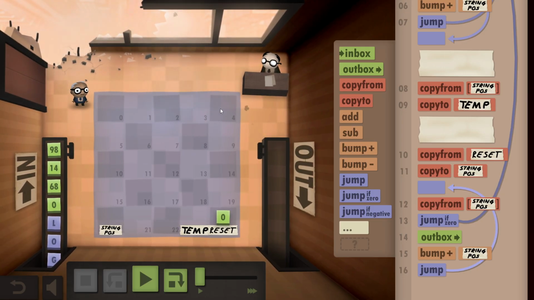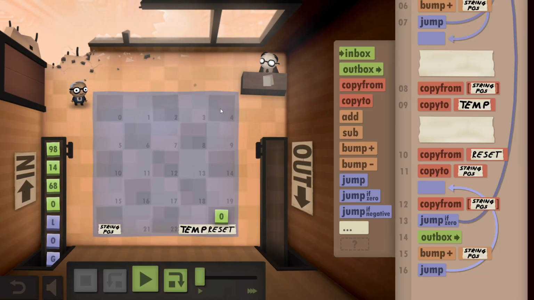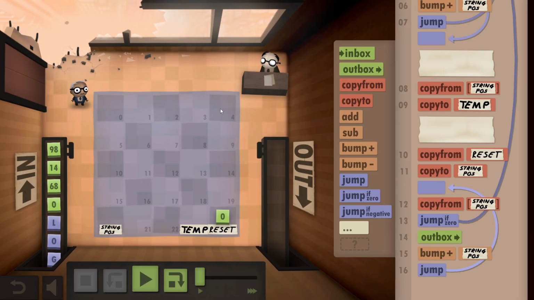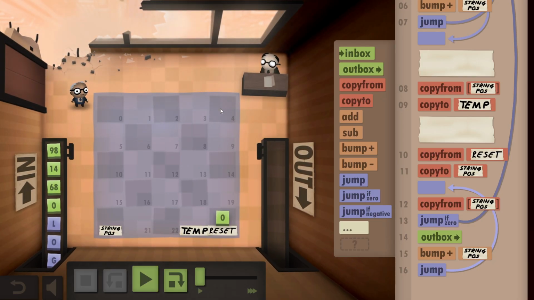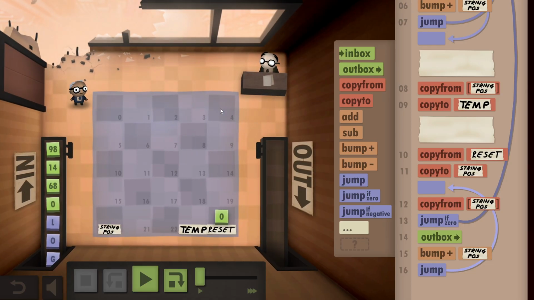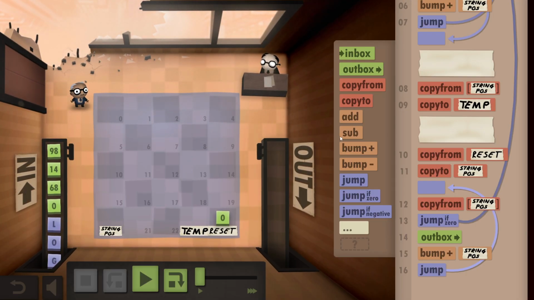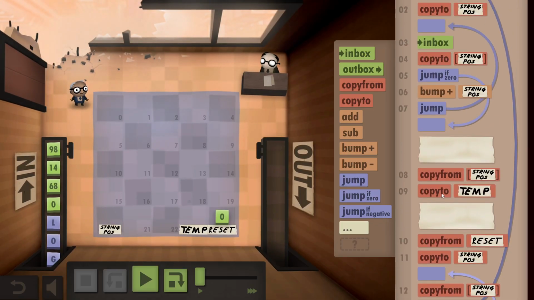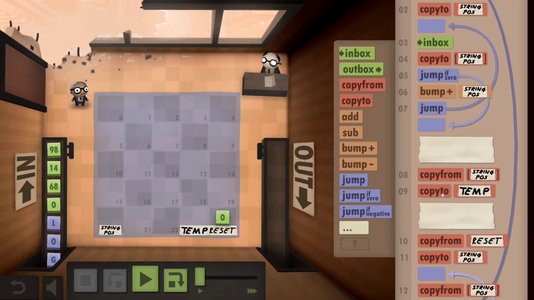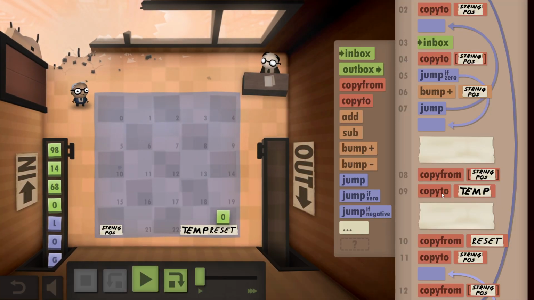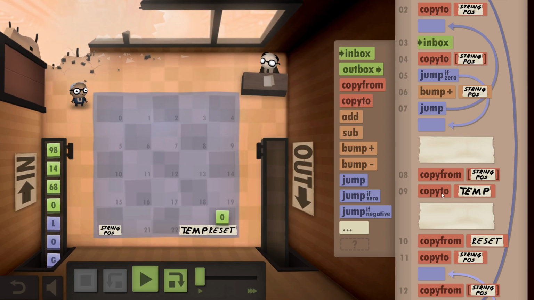I don't like it. Holy crap, this turns out to be a lot more complex than I thought it is. We're in big trouble.